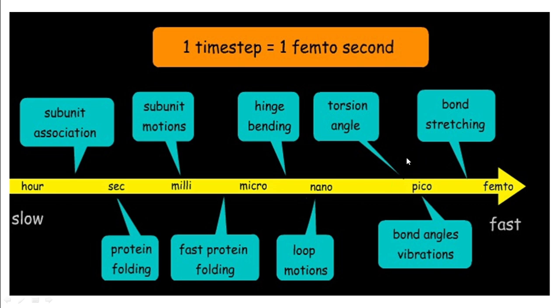And the event of bond stretching takes time at the femtosecond level. So if you want to capture all the events, we have to select a time step which will cover all the molecular events at the atomic level, even the bond stretching. That's why the time step is selected as 1 femtosecond to 2 femtoseconds.